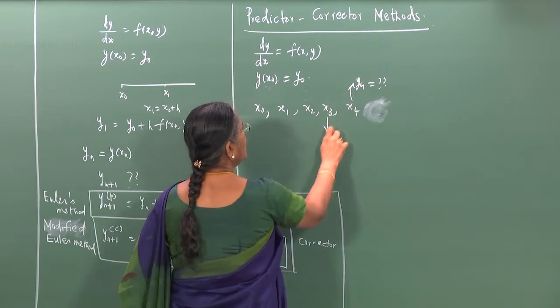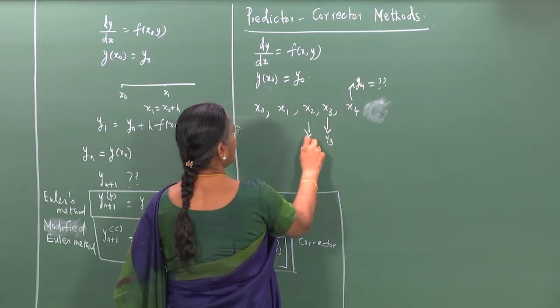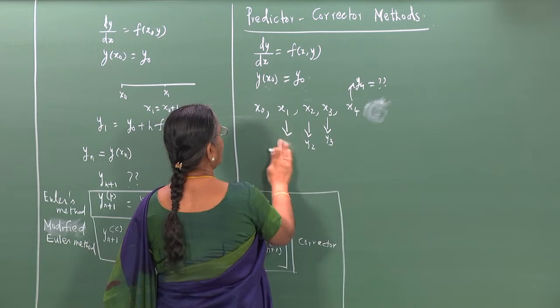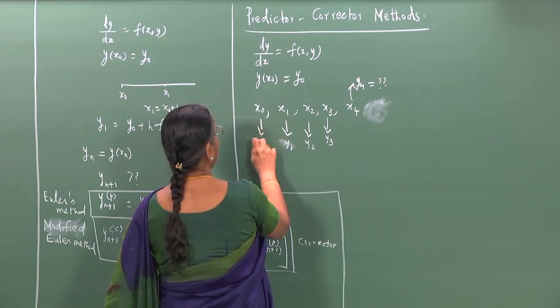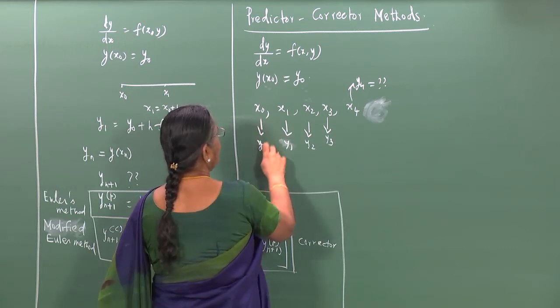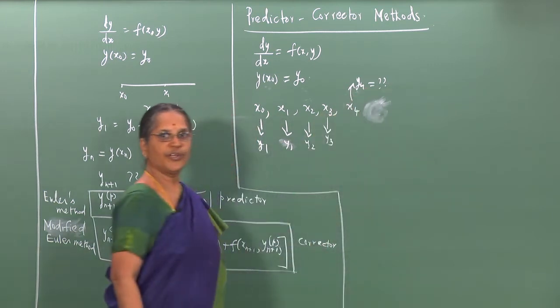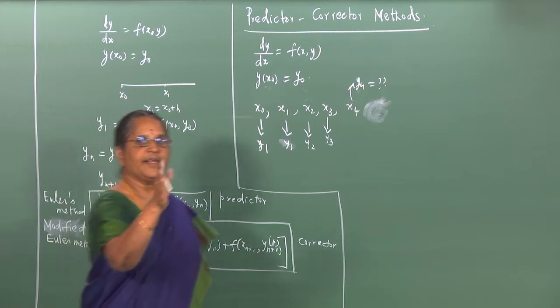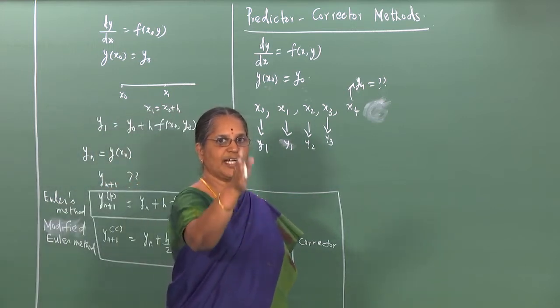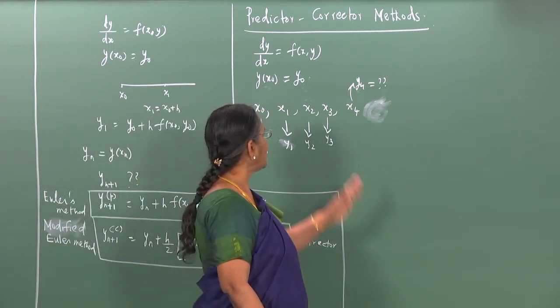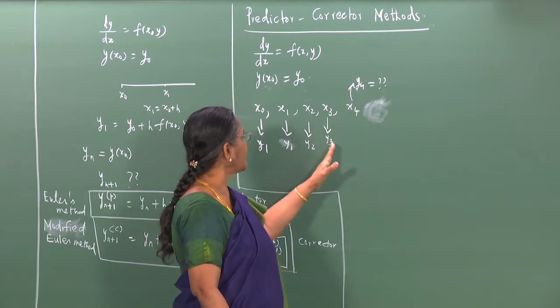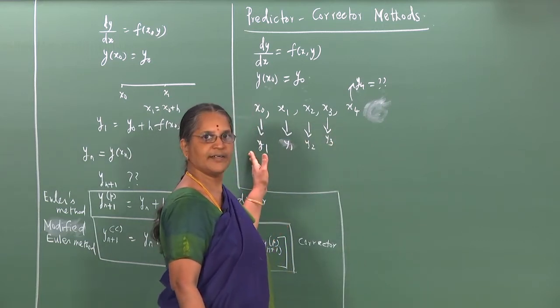So, the solutions at x3, x2, x1 and x0 are given to us. With this information, we should find out what y4 is. So, the computation of the solution y4 involves the knowledge of the solution at the previous points.